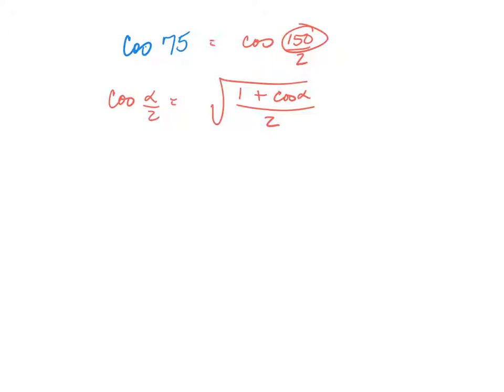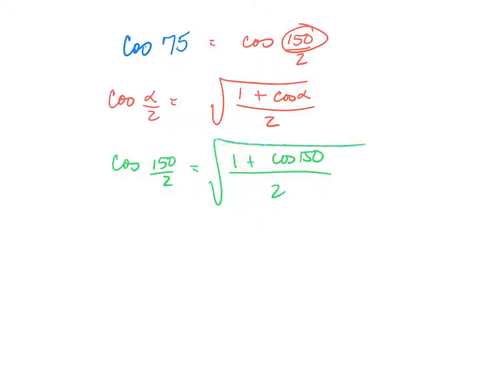So we're going to do cosine of 150 over 2, which is the same as 75, equals the square root of 1 plus the cosine of 150, over 2, all under the hood. So the cosine of 150 is minus root 3 over 2. So this is going to be 1 minus root 3 over 2, all over 2, all under the hood, which is the same as when you change it to a common denominator.